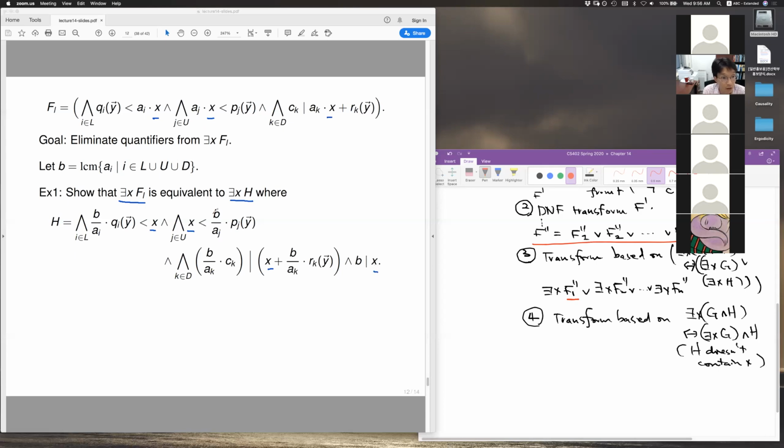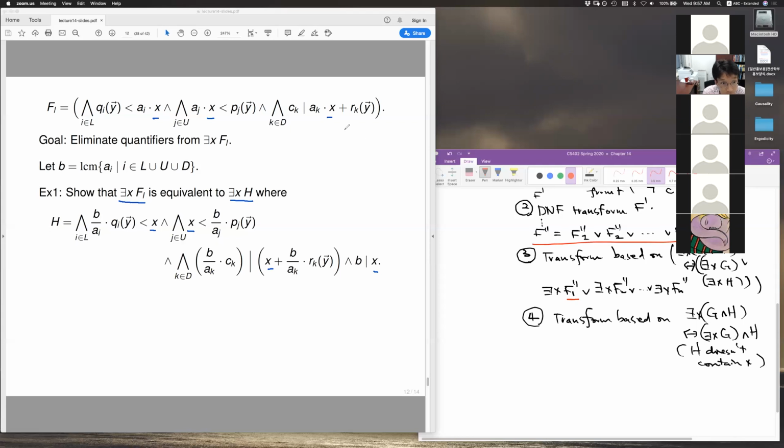So to show these are equivalent, what we have to prove is that for a fixed y, the constraint FL has a solution precisely when the constraint H for the same fixed y has a solution. It turns out you can actually do it.